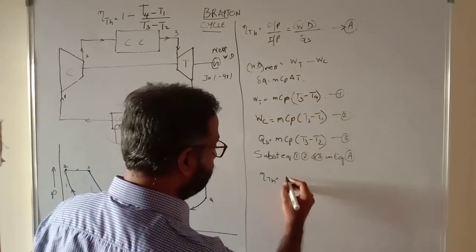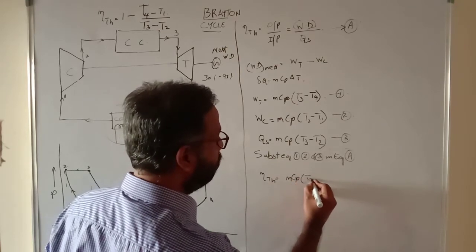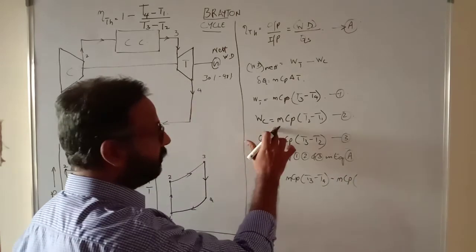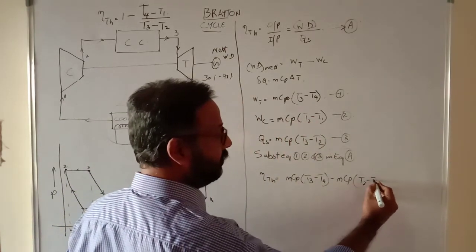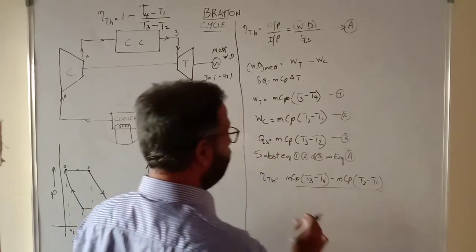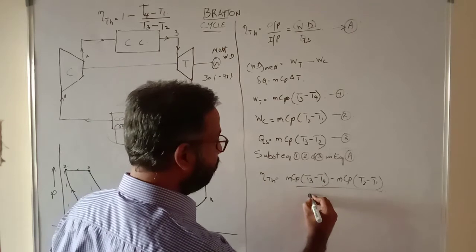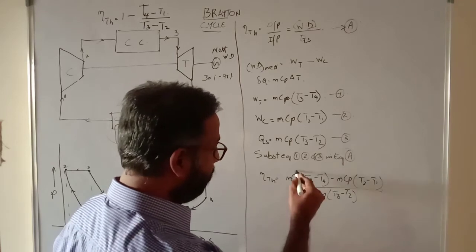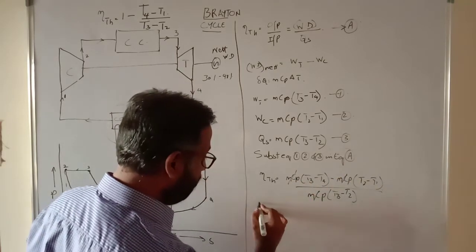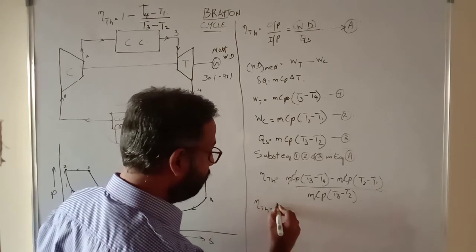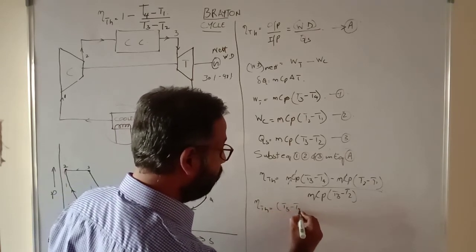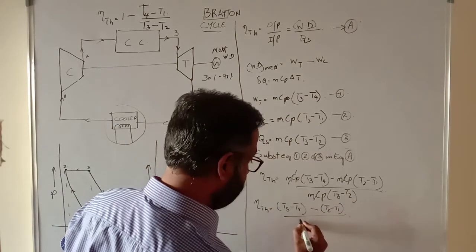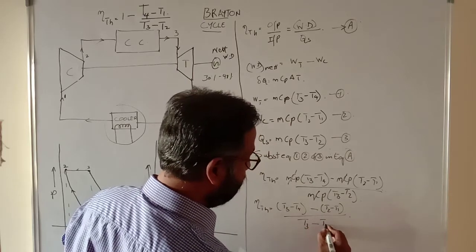Work done by the turbine is MCP into T3 minus T4, minus MCP into T2 minus T1 for the compressor, the whole divided by the heat supplied, which we have written as MCP into T3 minus T2. Now MCP being common, we can cancel it out, and again we get thermal efficiency as T3 minus T4 minus T2 minus T1, the whole divided by T3 minus T2.